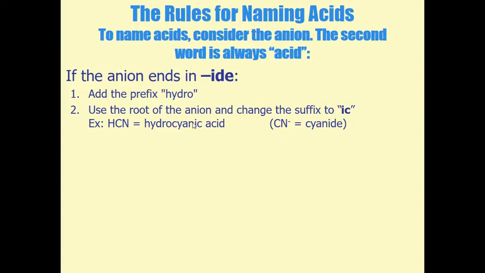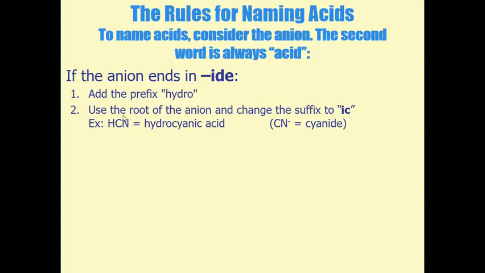So if your anion ends in IDE, the way we're going to name it is we're going to first write the word hydro. Then we're going to take the root of the anion and change the suffix to IC. So for instance, if you see something that says HCN, it starts with a hydrogen, so that right there is an indication that it is an acid.